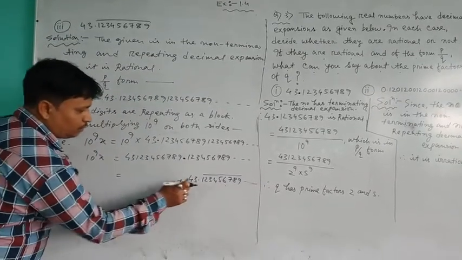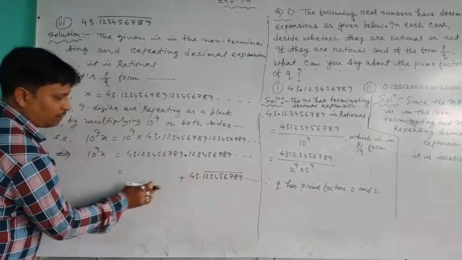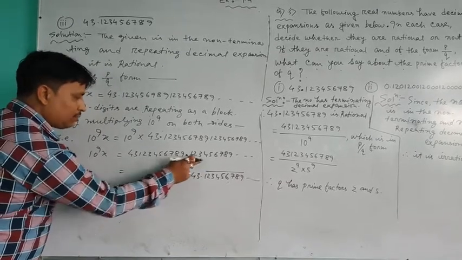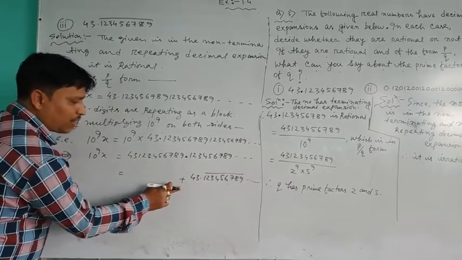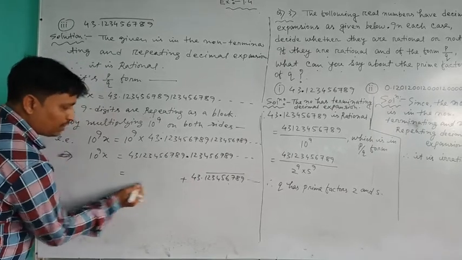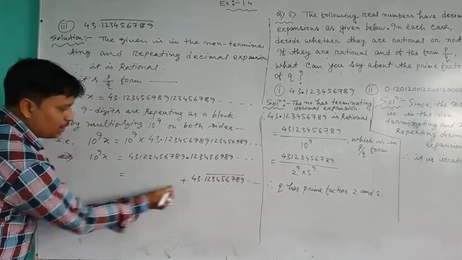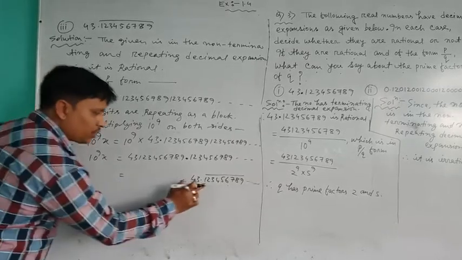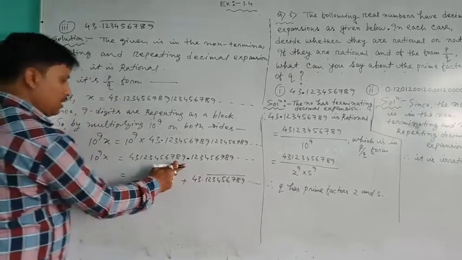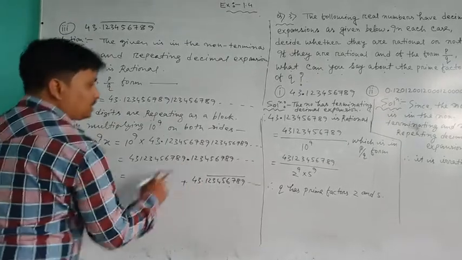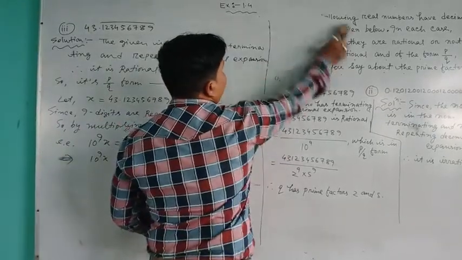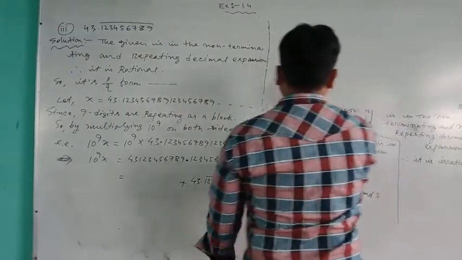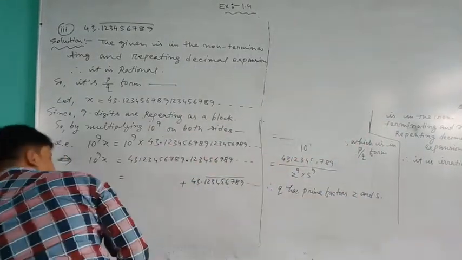So what number do you have to add to this to get that number? We don't know the other number, so we have to find it by subtracting this number from that number. Just see how I am doing it here.